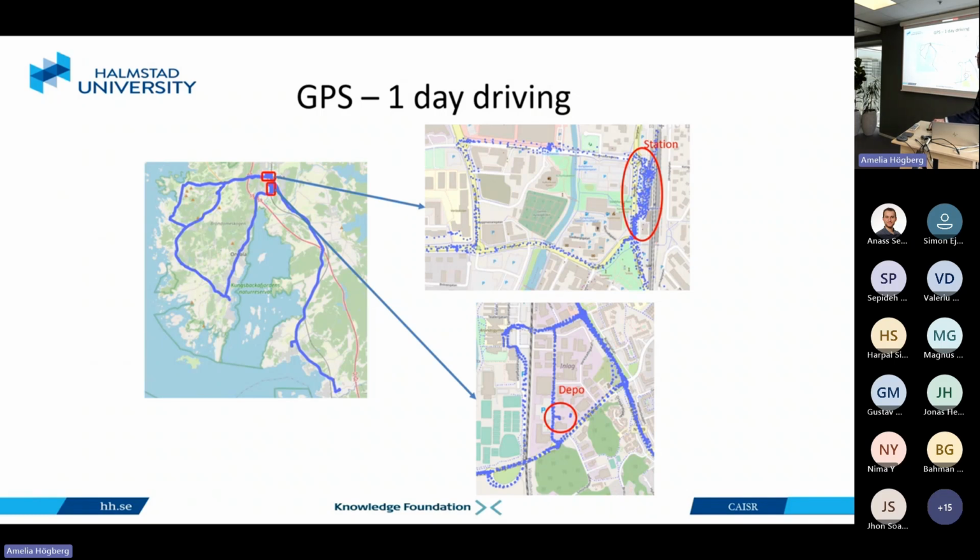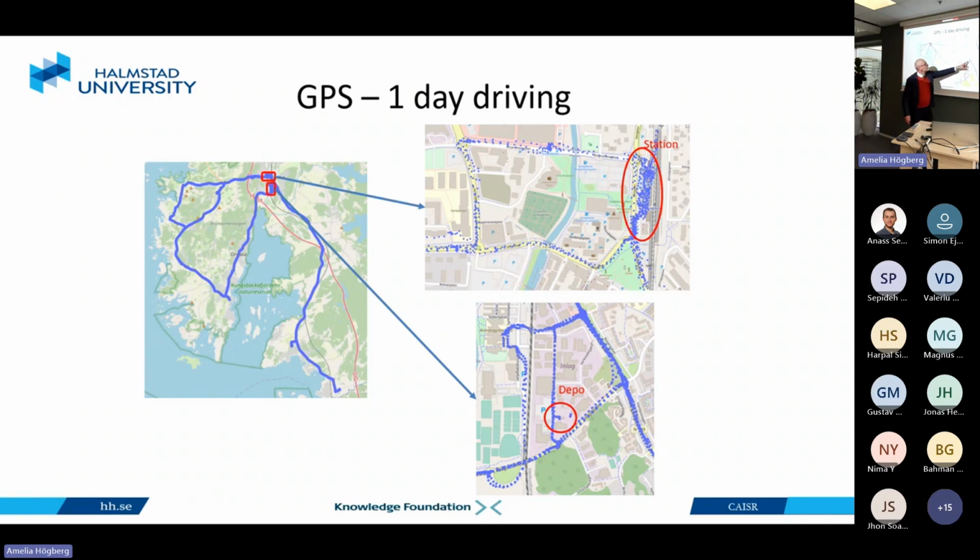So here's a figure just showing an example. It's 1 day of driving, and thanks to Jan Tao, who is over there, who actually made this slide. I stole it without any regret from you. It shows the bus depot inside Kungsbacka, where the buses stay overnight, and there's lots of data from that particular location.